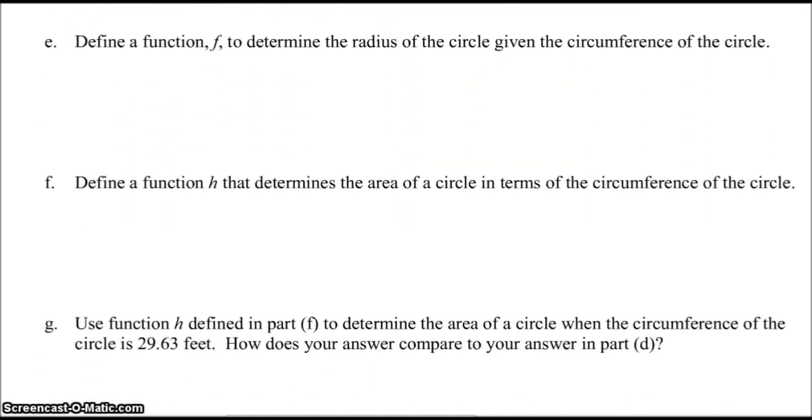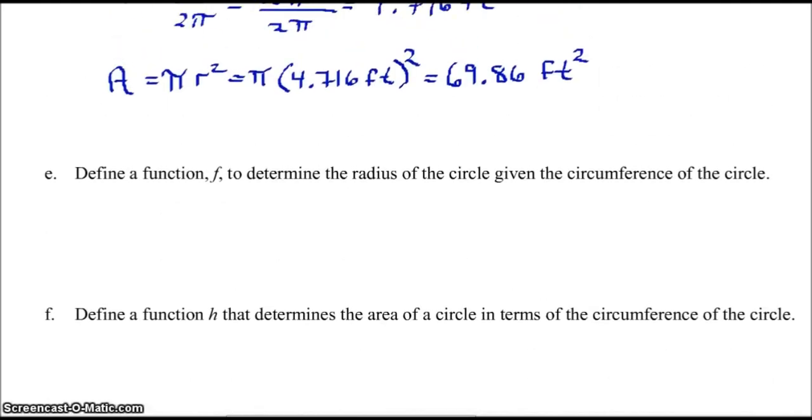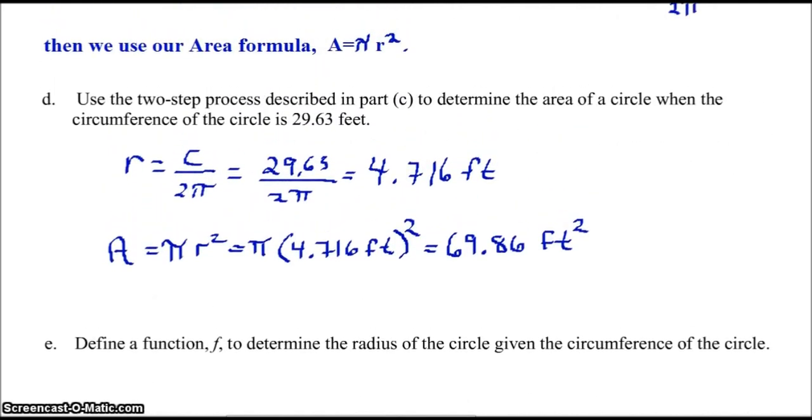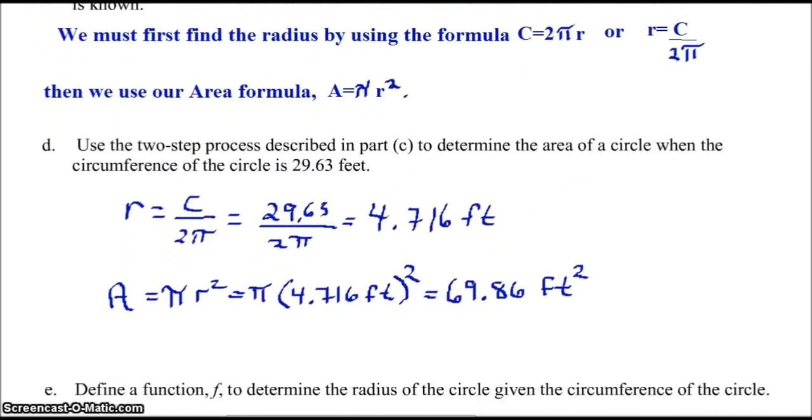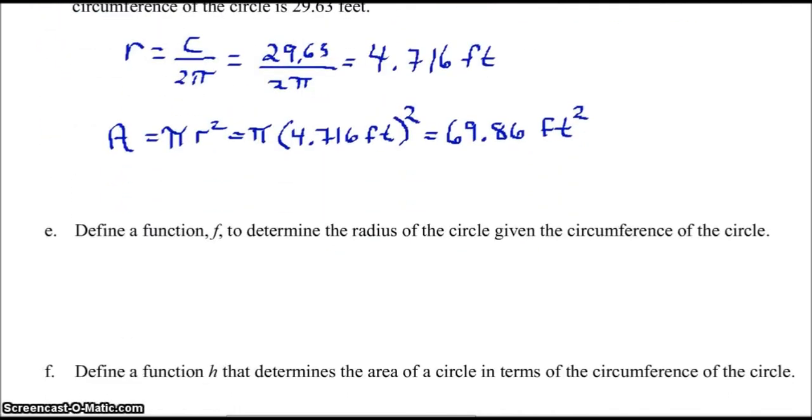Part E, define a function f to determine the radius of the circle given the circumference of the circle. So we've pretty much already done this. We know the radius is C over 2 pi, so we want our function f to give us that value.